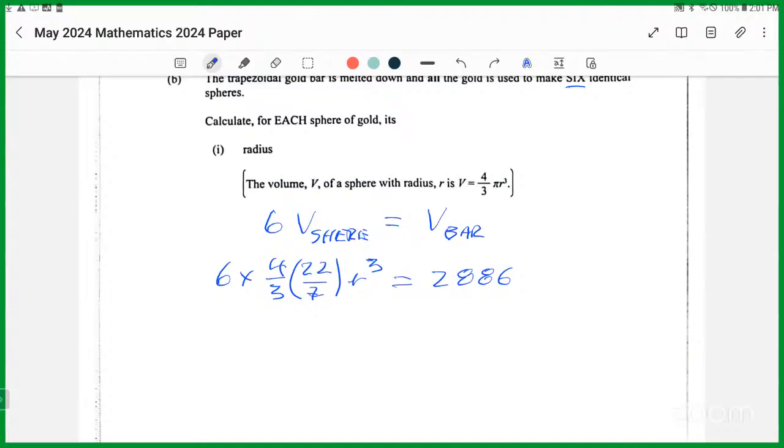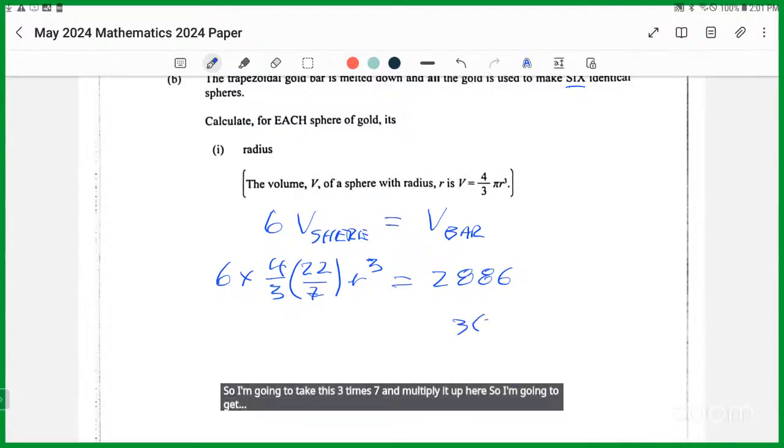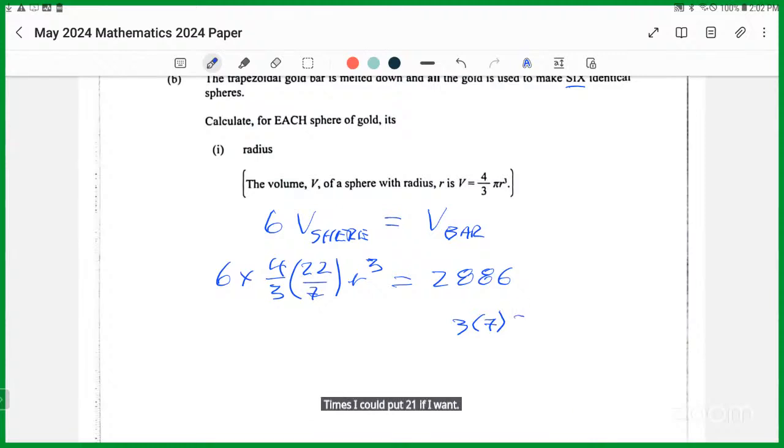I'm going to take this 3 times 7 and multiply it up here. So I get 3 times 7, I could put 21 if I want, times 2886. That's this going up here. I'm going to take this 6 and this 4 under here, divide by the 6 and the 4.